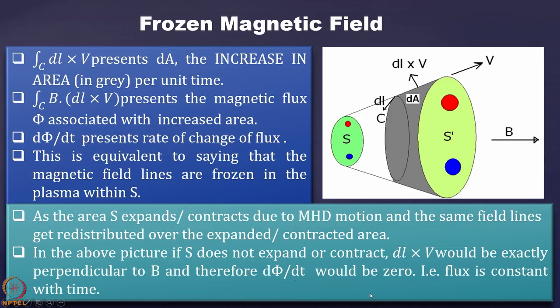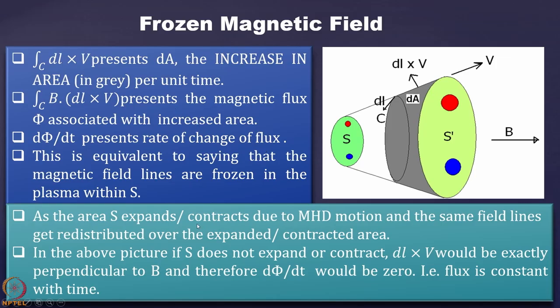If dφ/dt is 0, this means that flux is constant. So that is what exactly this expression, the change in flux dφ/dt equal to B · (dl cross V), means: exactly the condition of frozen field lines.